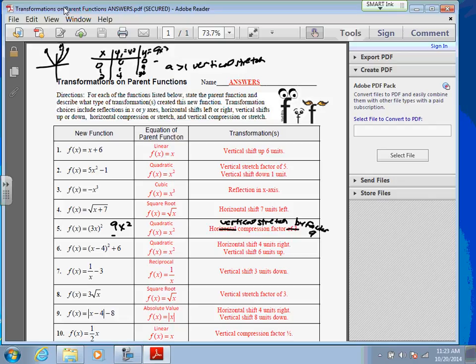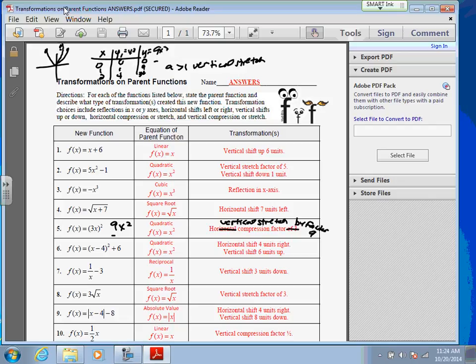And they probably did the same. Oh, they did a vertical stretch for that one. Anytime you're inside the parentheses, they usually do a horizontal. But we're just going to get rid of the parentheses and keep it a vertical.